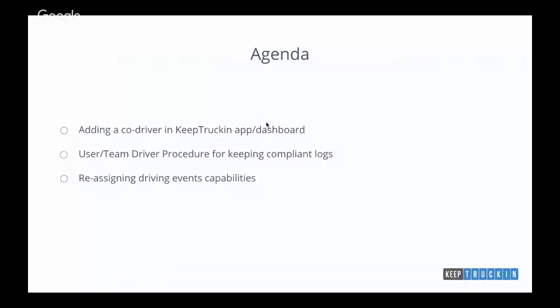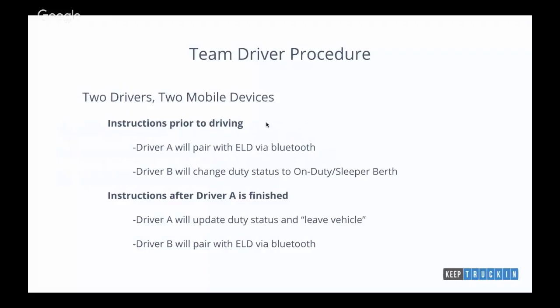Okay. Now that we've added the co-driver into the log form, let's talk about the actual procedure in order to actually use this feature. First we're going to go over two drivers who each have their own separate mobile device. The instructions prior to driving: driver A will pair with the ELD via Bluetooth, and driver B will change their duty status to on duty or sleeper berth in their app.